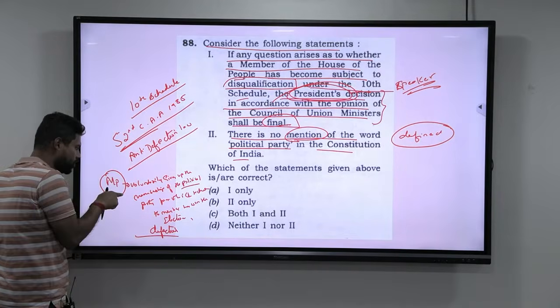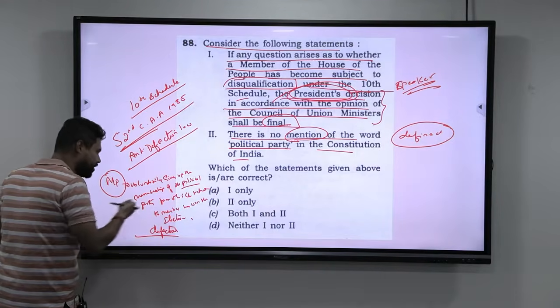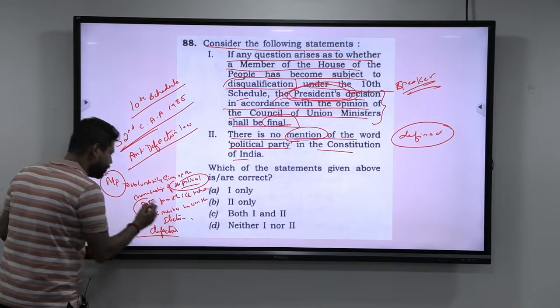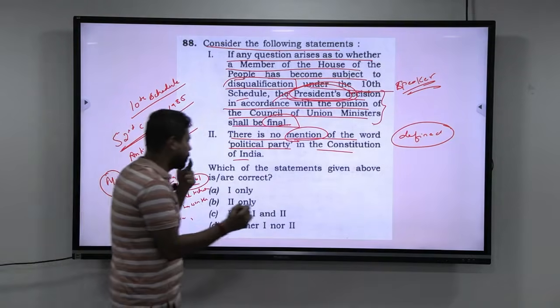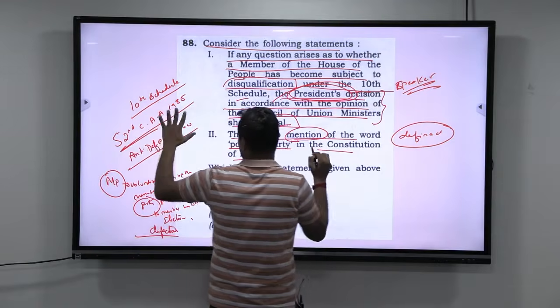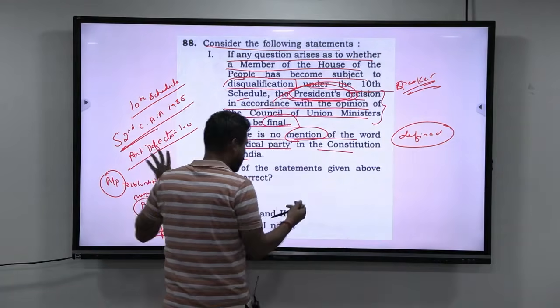Now, if this is considered defection, then obviously when they are telling that provision, they should use the words political party.